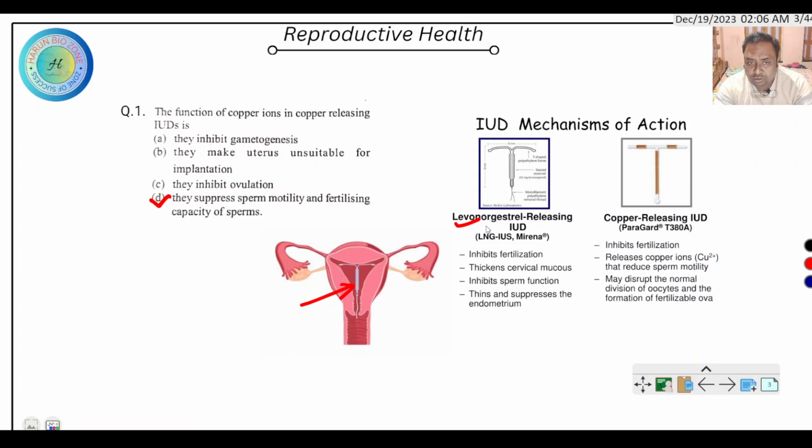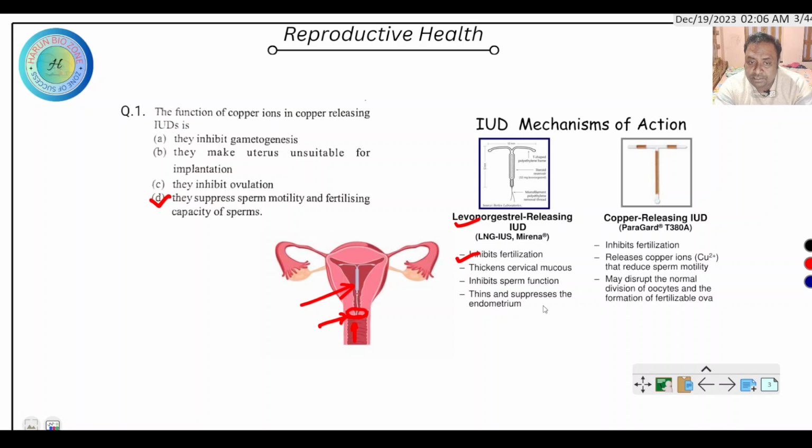In both cases fertilization is inhibited because it reduces sperm motility, so fertilization does not occur. Thickening of cervical mucus: copper ion stimulates the formation of mucus, so the cervix portion becomes blocked and sperm do not move inside the uterus. It inhibits sperm function, meaning sperm motility decreases.